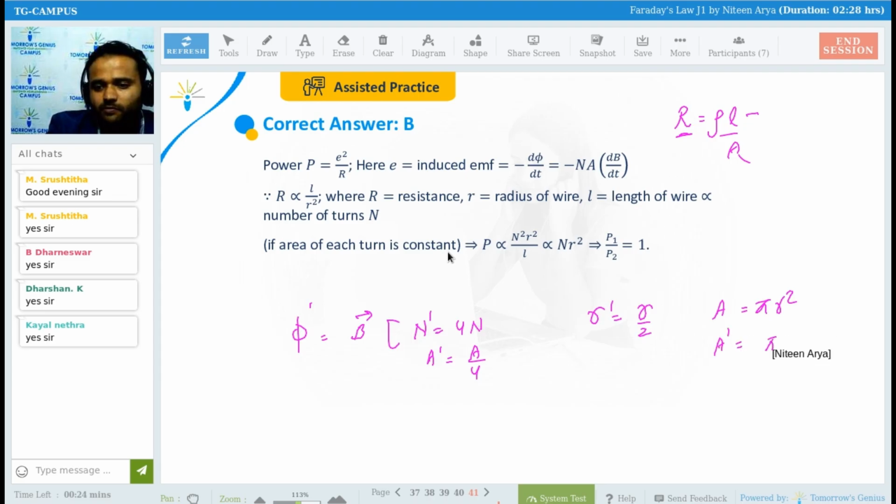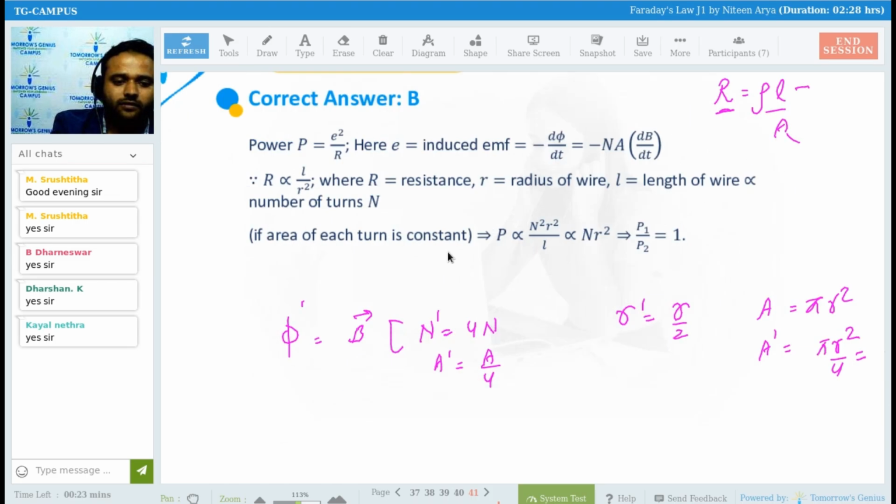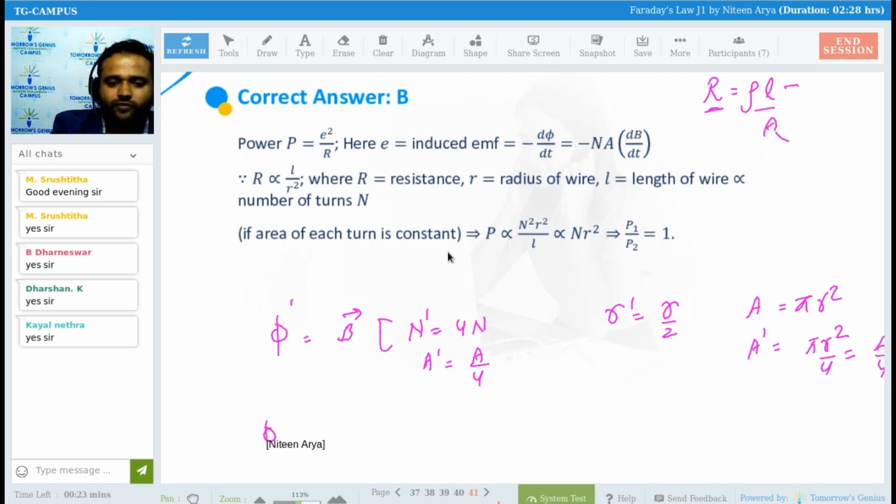So A prime is pi R square by 4, which is A by 4. So phi prime is B remaining the same, N prime which is N into 4, A prime which is A by 4, 4 cancels, and this is the same.